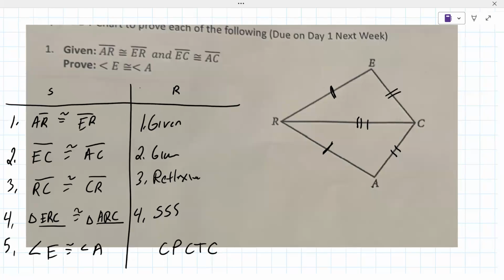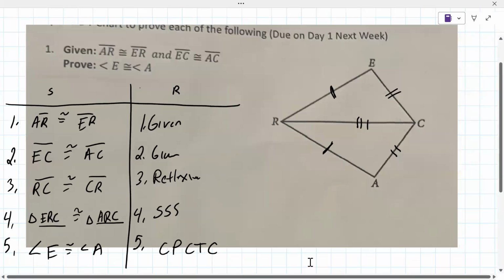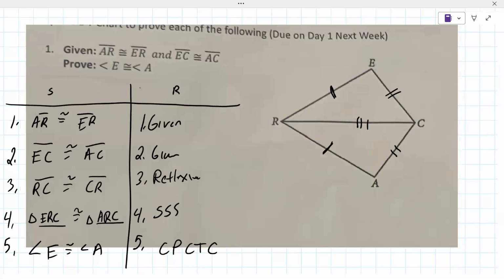The fifth one is, now that the triangles are congruent, you can say any piece of it is congruent. Thoughts on that? Yeah, that makes sense. Doing good on that.